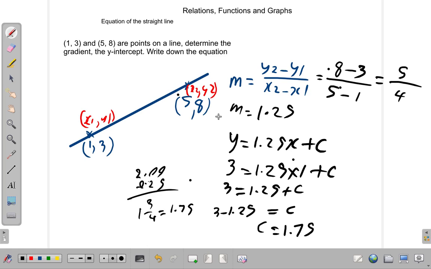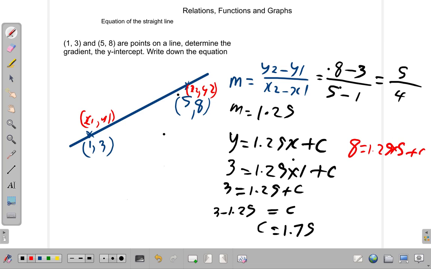Let's just try the point (5, 8) and see if we will get the same answer before we go any further with this question. If you look at the next point and you say y equals 1.25x plus c, at point 2 up here, we have y is 8 equals 1.25 times x, which is 5, plus c.